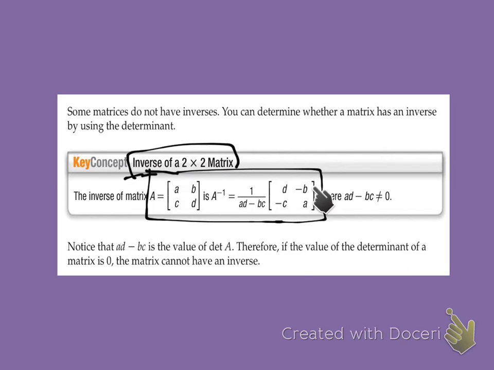Then, you do some changing to your matrix. You change the matrix from A, B, C, D to D, negative B, negative C, A. So basically, these two elements flip.